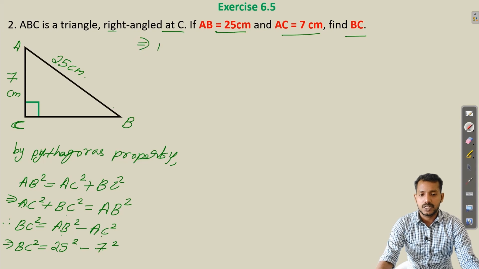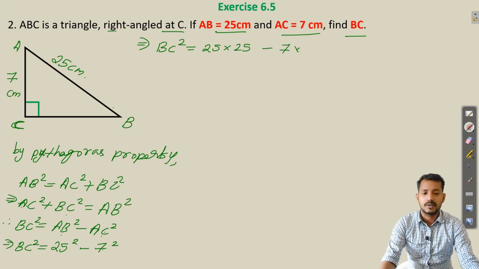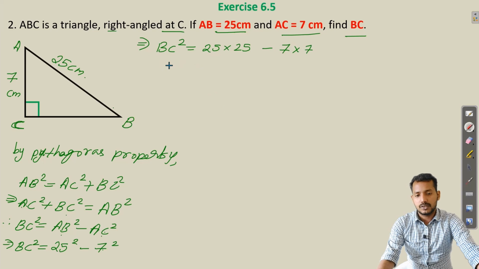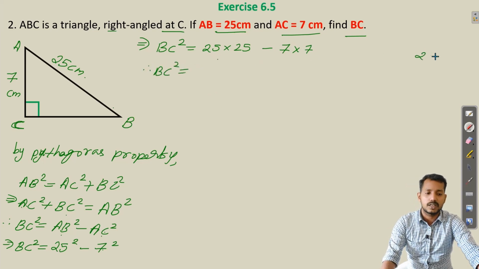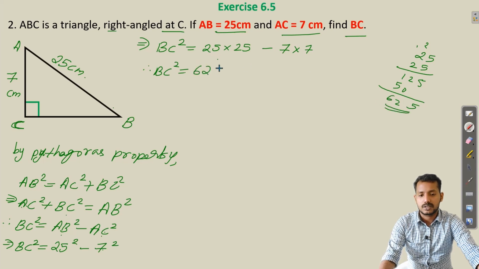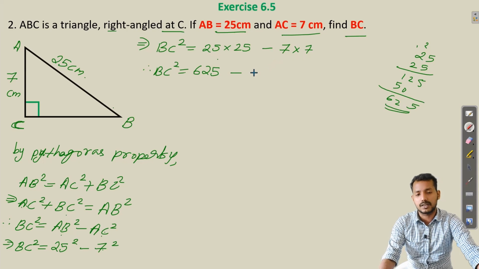That implies BC square is equal to 25 square, that means 25 into 25, minus 7 square, which is 7 into 7. So BC square is equal to 25 into 25. Just multiply 25 by 25: 5 fives are 25, carry 2, 2 into 5 is 10, 12, 0, carry 2, 2 into 2 is 4, plus 2 is 6. So 625. Then 625 minus 7 into 7, you already know a simple number, that is 49.